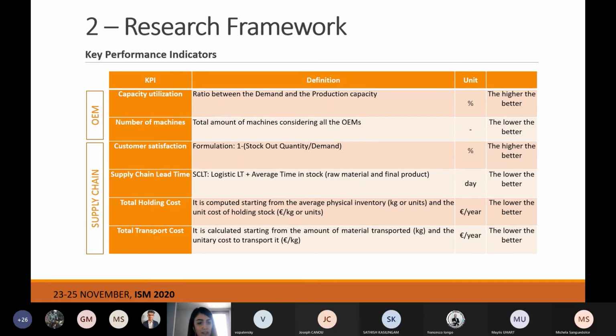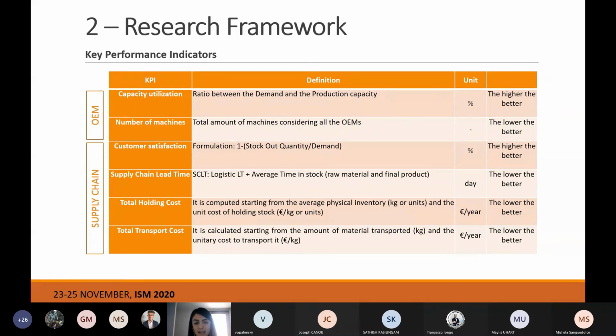The other 4 indicators allow us to measure the performance of the whole supply chain. We have the customer satisfaction, which depends on the stock out amount, considering just the players who face the final user.